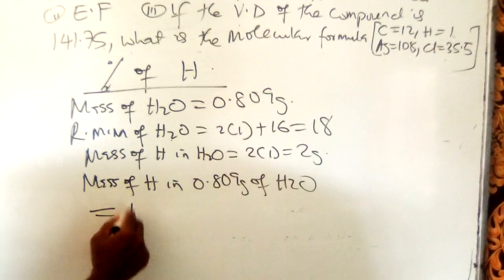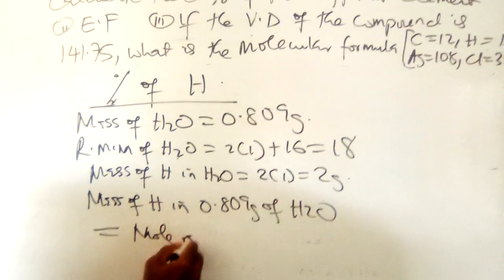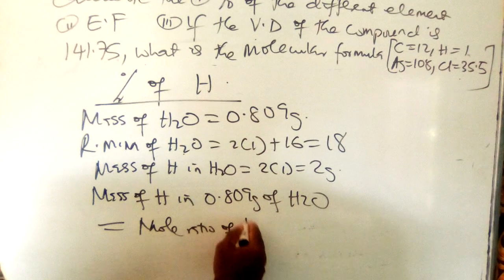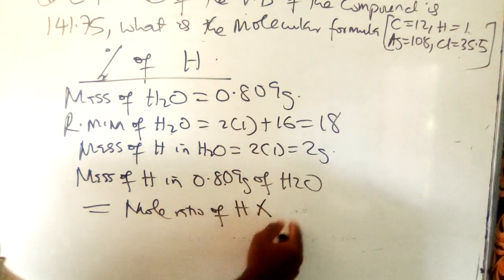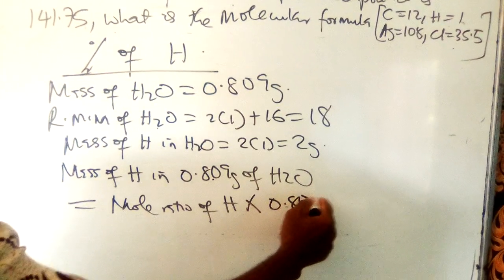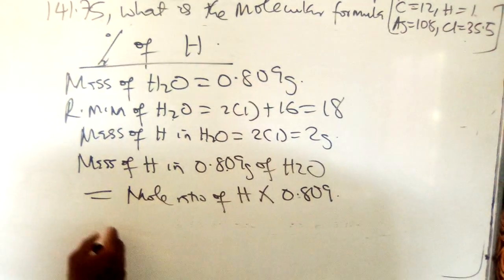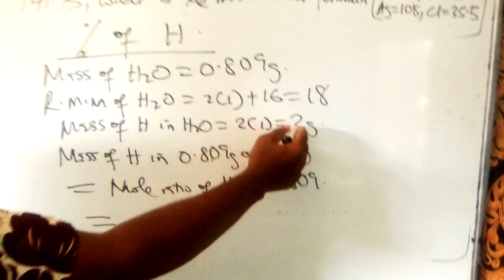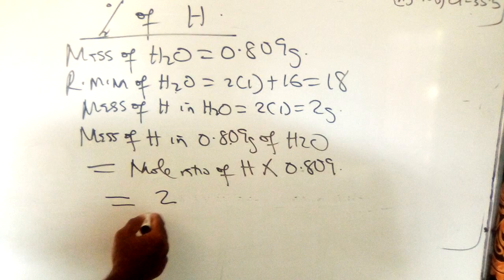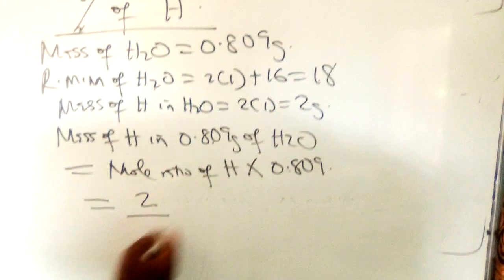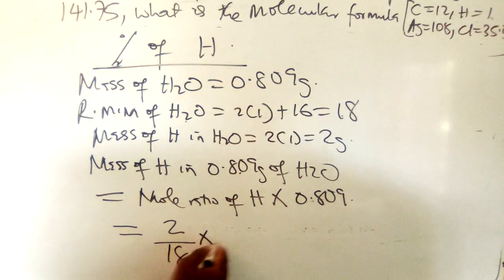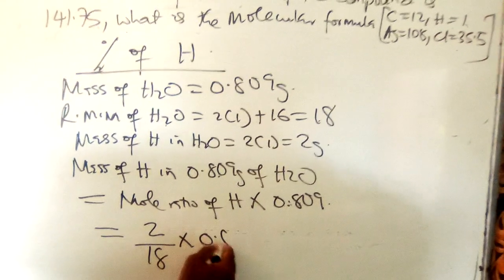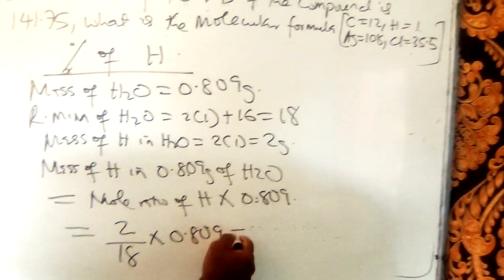That gives us the mole ratio of hydrogen times 0.809, which is the mass of water. And the mole ratio of hydrogen is going to be the mass of hydrogen in the water, which is 2, all over the molecular mass of water, which is 18, then multiply by 0.809, which is the mass of water.